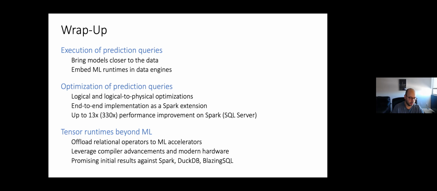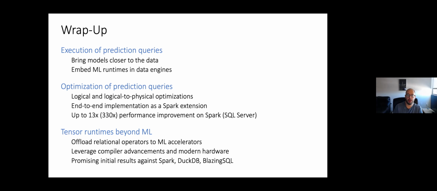And to wrap up, 3 main areas that I touched upon today. The first one is execution of prediction queries. The main ideas are to bring models closer to where the data is and embed machine learning runtimes inside the data engines whenever that is beneficial and so on. The second one is with Raven, the optimization of prediction queries.